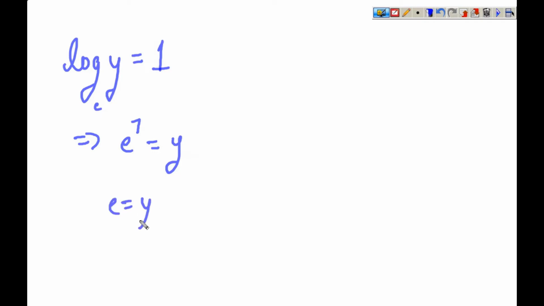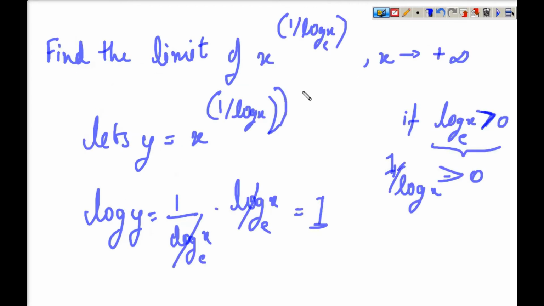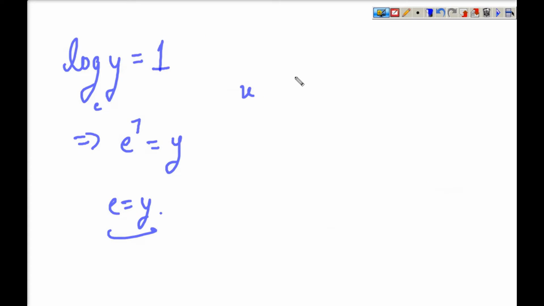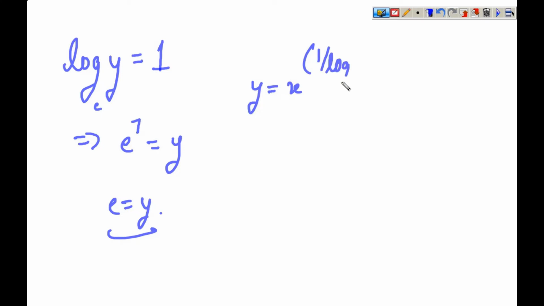So therefore, as we had put y equals x to the power 1 by log x, y equals x to the power 1 by log of x equals e. Therefore this is a constant function. It has become a constant function.